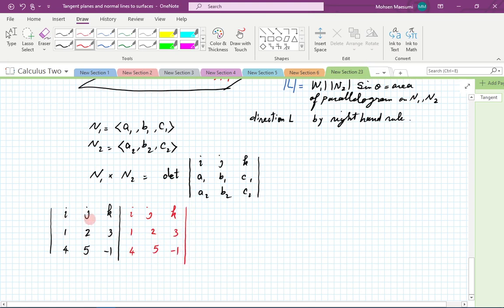Okay, remember I, J, K are vectors. These are the unit vectors. We have seen them from the beginning of the semester. Now what we do is that we are going to take diagonals. So you see I have this diagonal, and this diagonal. So 3 diagonals going right.